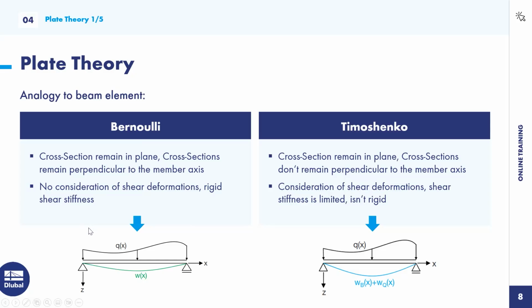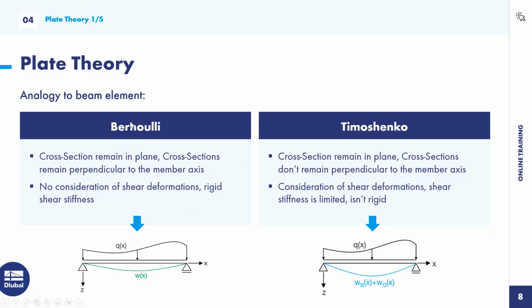The cross sections remain in place, and that's it. Now the differences: the cross sections for the Bernoulli beam remain perpendicular to the member axis, while for the Timoshenko beam, they won't stay perpendicular. You will see in the next slide what that means.